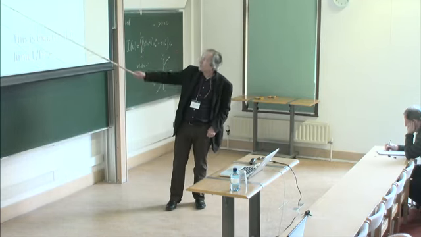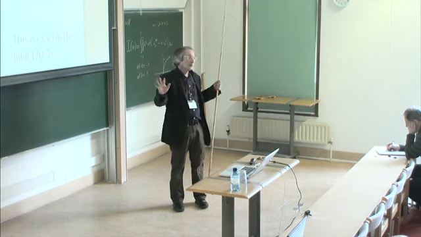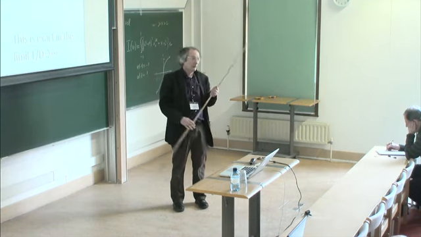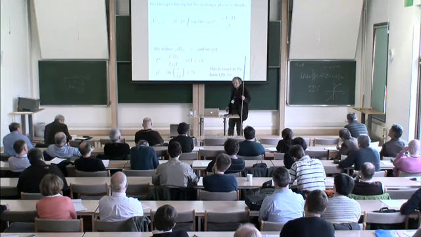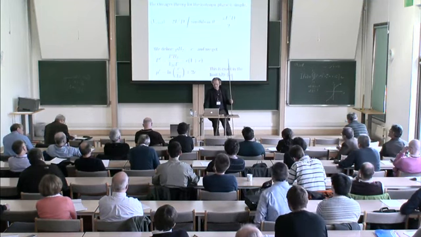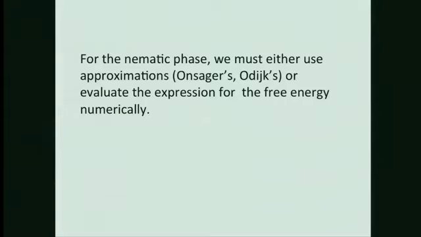Okay, so no matter what theory you use, as long as you have long enough rods, this bit is always true. The hard part comes if you go to the nematic phase, because there you have to either use approximations, and on site I used a particularly good approximation, although not perfect.